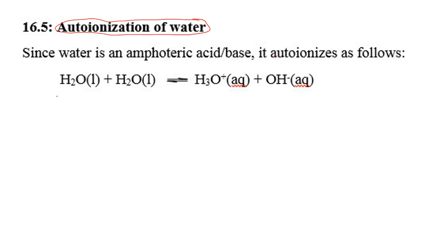If you have two water molecules in liquid phase, the two water molecules will react to form, one of them hydronium ion and the other the hydroxide ion. This process is known as the auto-ionization of water.